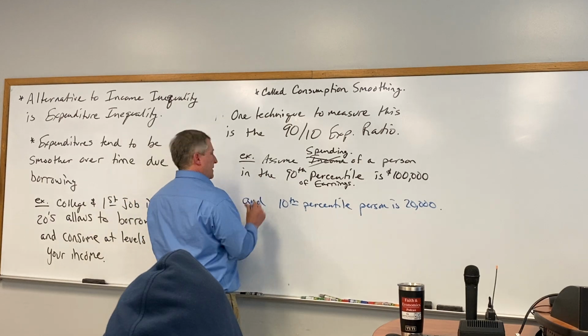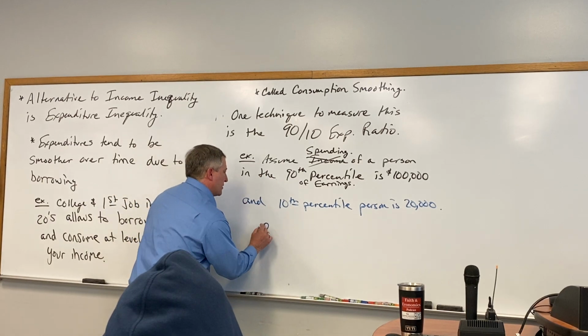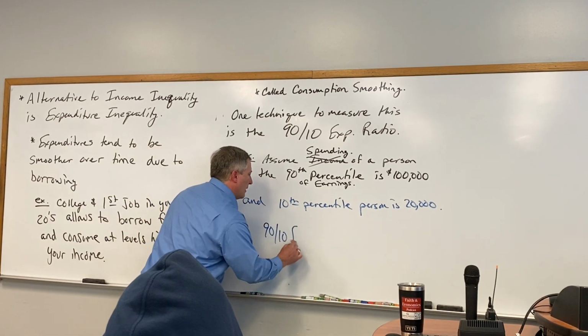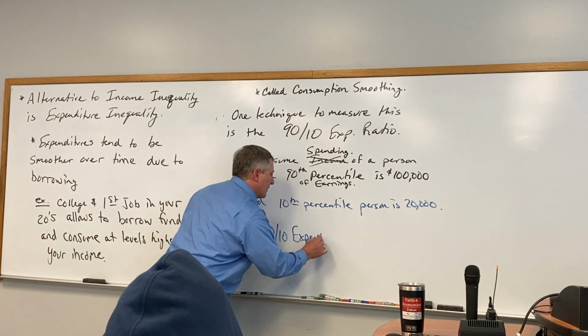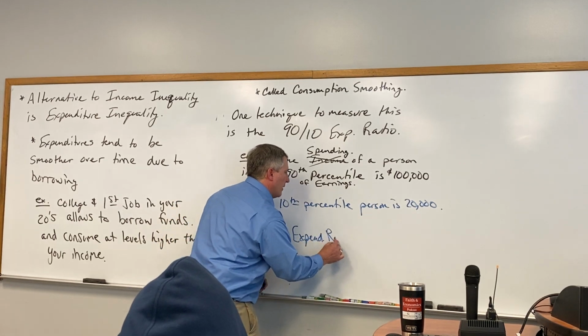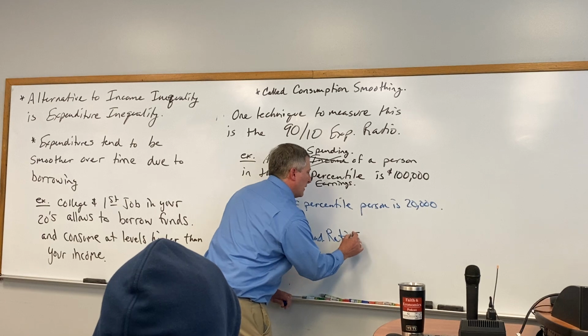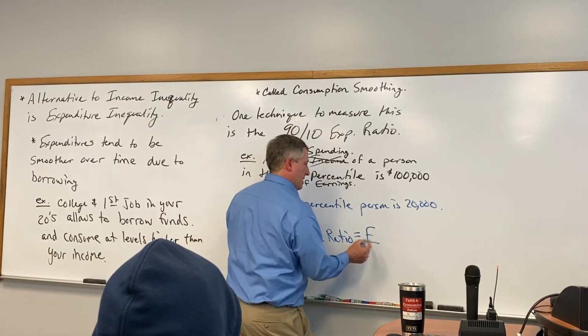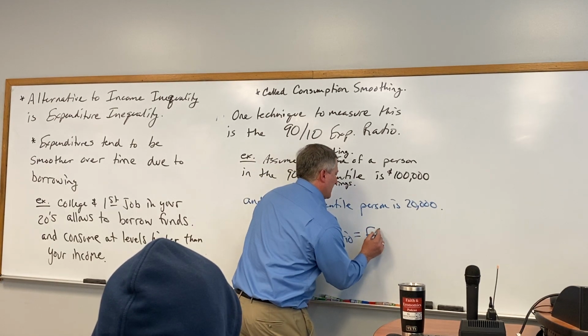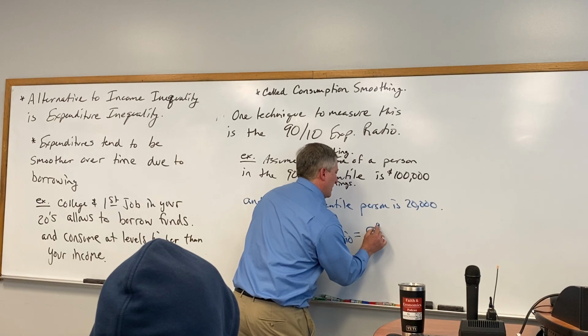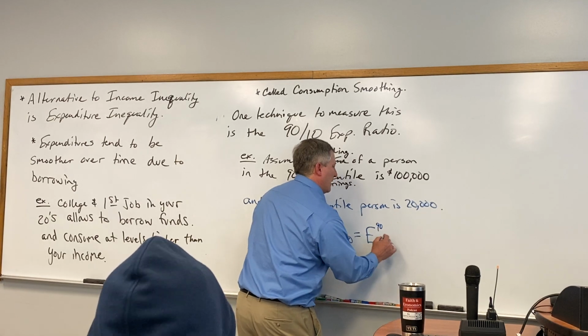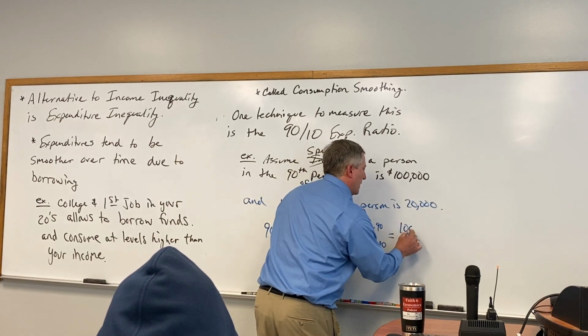So then this 90-10 expenditure ratio, let's call it 90-10, equals 100,000.